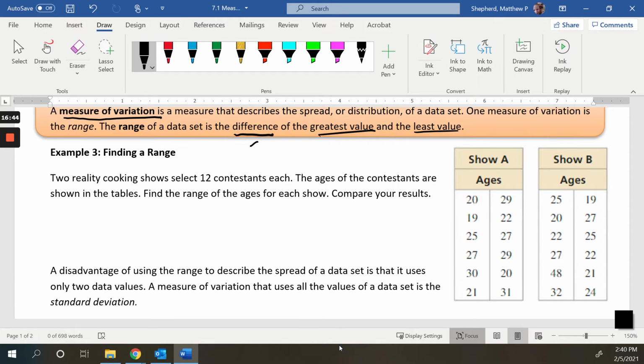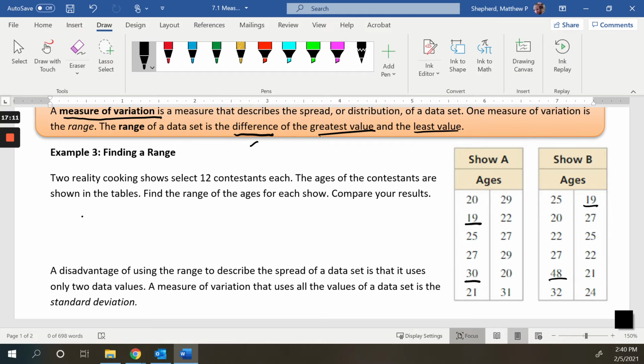So we've got two reality cooking shows, each with 12 contestants. The ages of these contestants are shown in the tables. We want to find the range of each and compare them. So I want to find the lowest number and the highest number for each of these. Let's see, there's a 19-year-old and there's a 48-year-old.